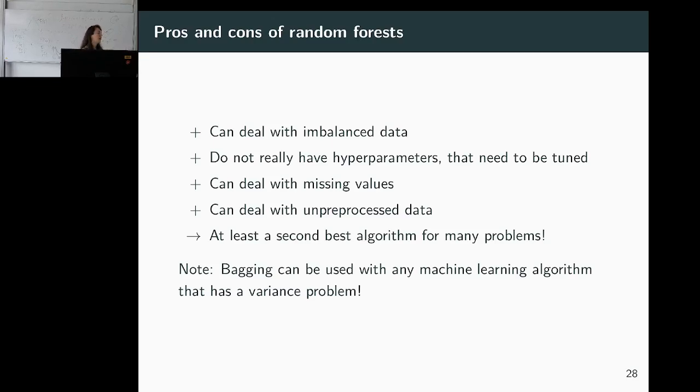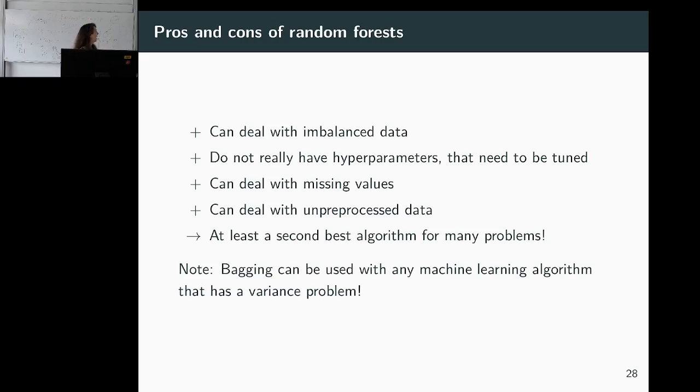We don't care. Just throw anything in there, and it will work, which is really good. And some people say it's at least a second best algorithm for many problems. There may be a custom tailored algorithm which will work better, but the random forest is almost always at least a second best algorithm for many problems.